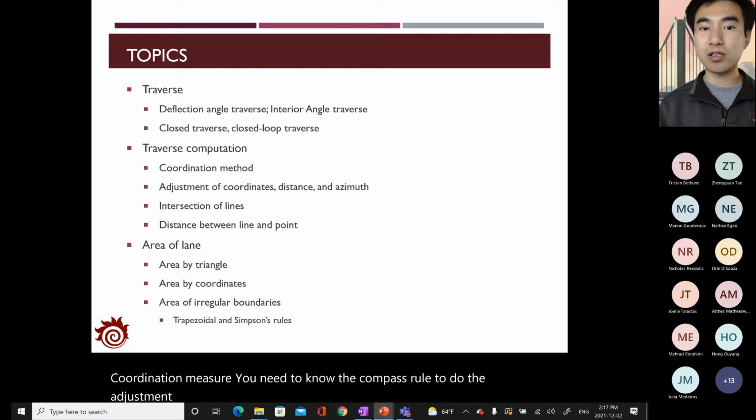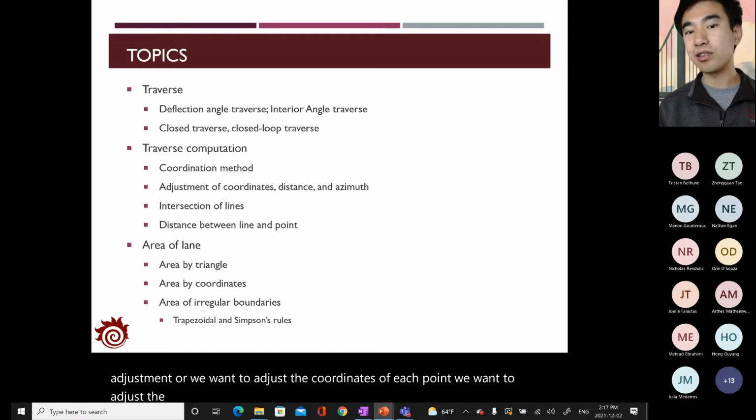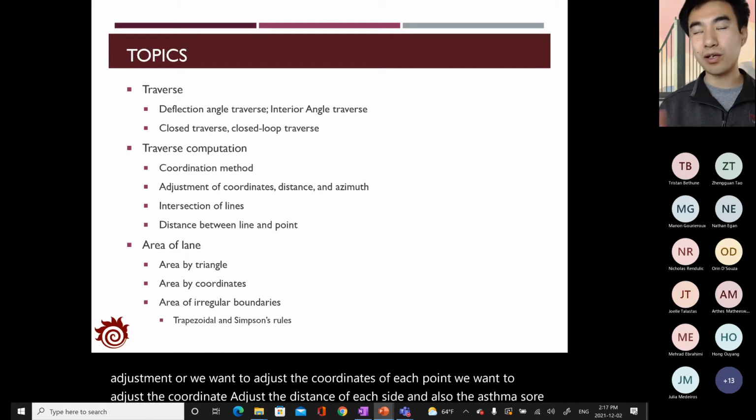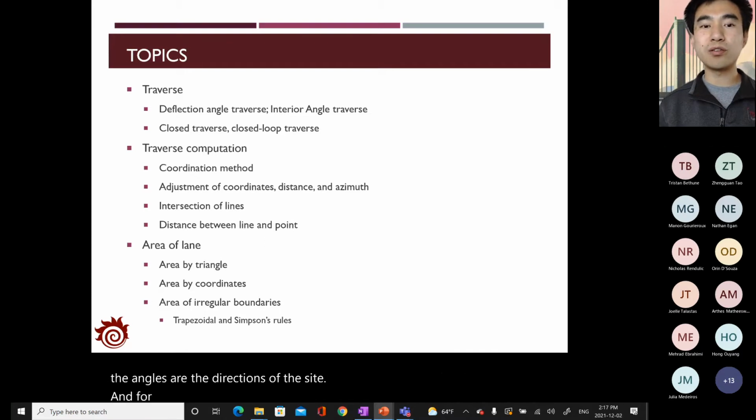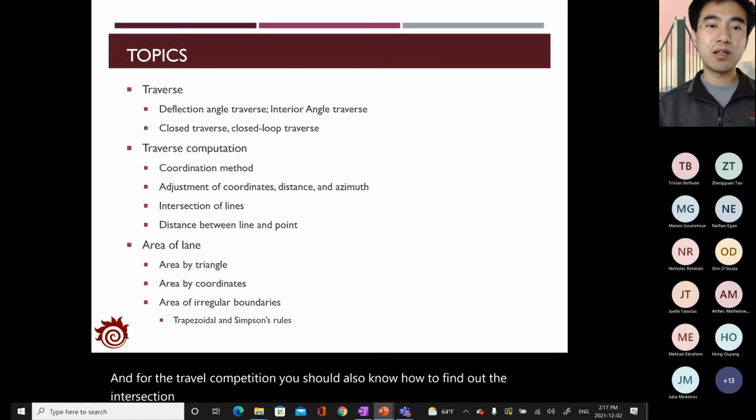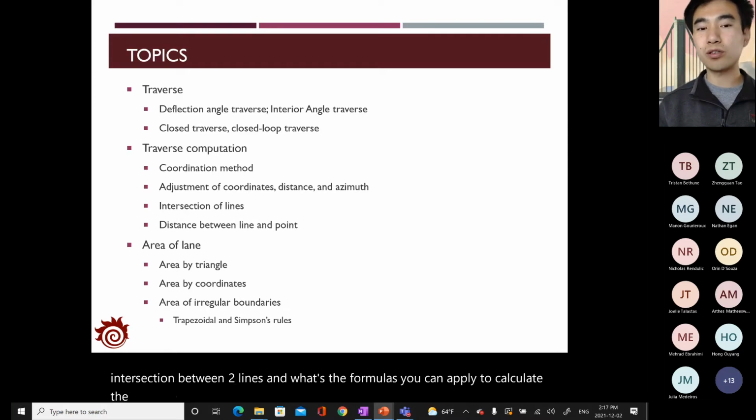We want to adjust the coordinates of each point, the distance of each side, and also the azimuths or the angles or the directions of the side. And for the traverse computation, you should also know how to find the intersection between two lines, and what formulas you can apply to calculate the distance from one point to another line. So that's for the traverse computation.